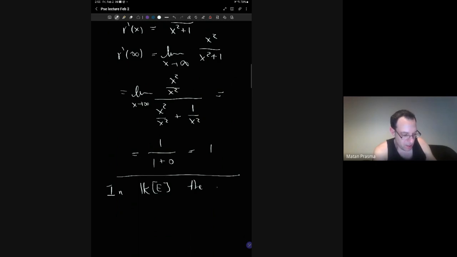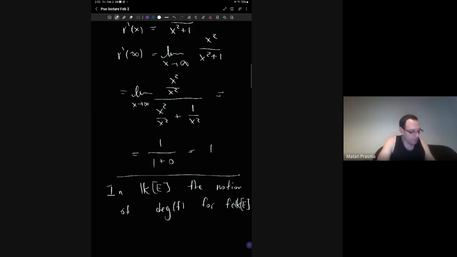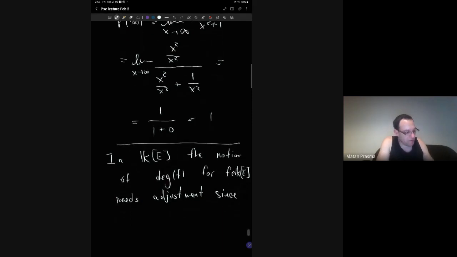The notion of, let's say, degree of f for f in K of E needs to be adjusted, since we have a relation y squared equals x cubed plus ax plus b.